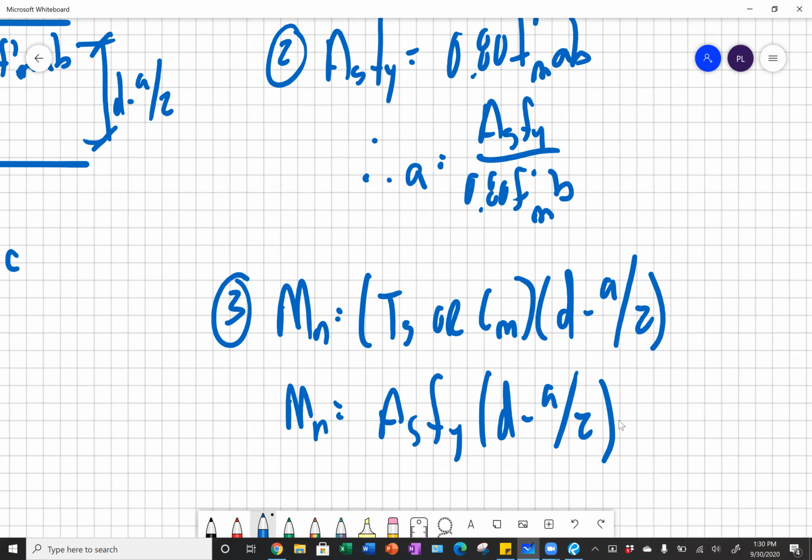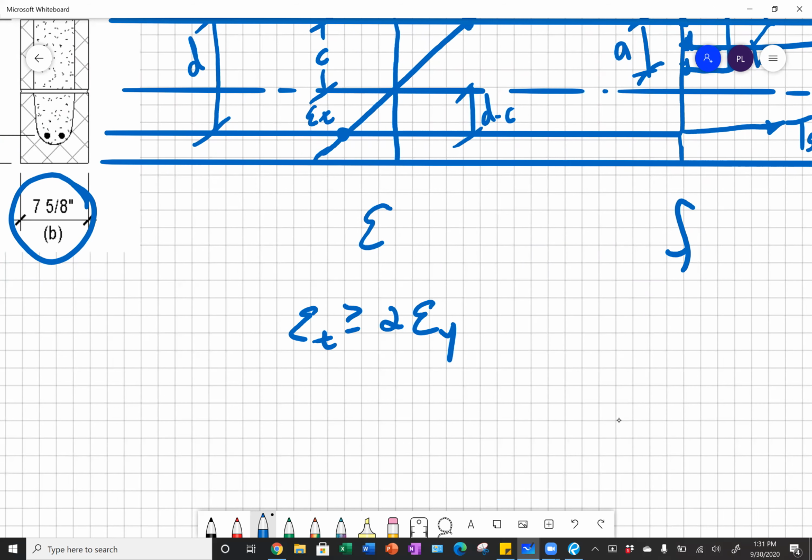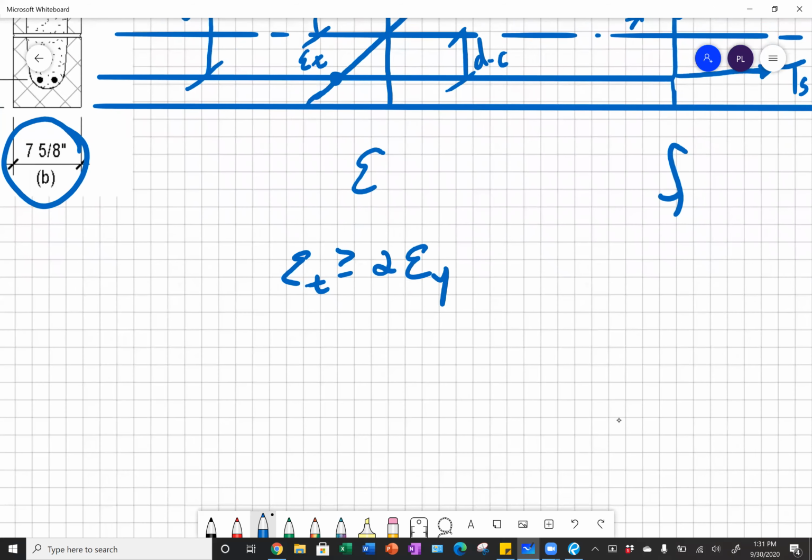Strain in our tension steel reinforcement needs to be greater than or equal to alpha times our yield strain. And alpha for beam design, for lintel design, is equal to 1.5. So our strain in our tension steel needs to be greater than or equal to 1.5 times our yield strain.